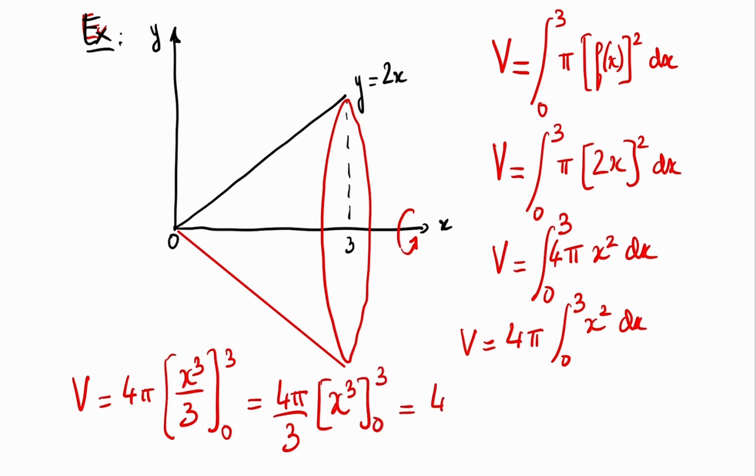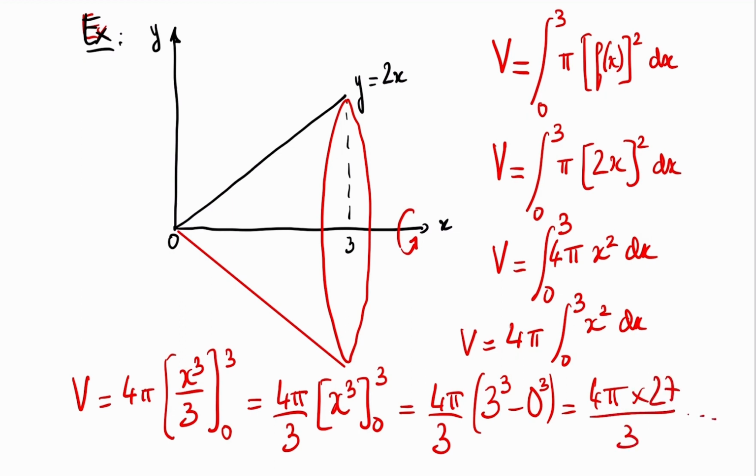So it's equal to pi on 3 times 3 cubed minus 0 cubed, and so it's equal to pi times 27 over 3, which can be simplified.